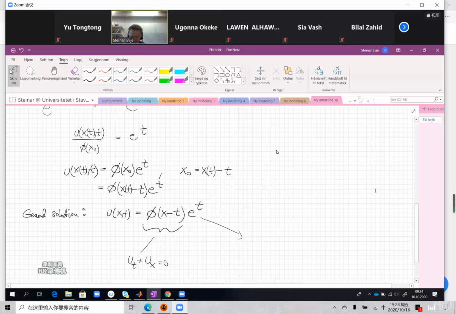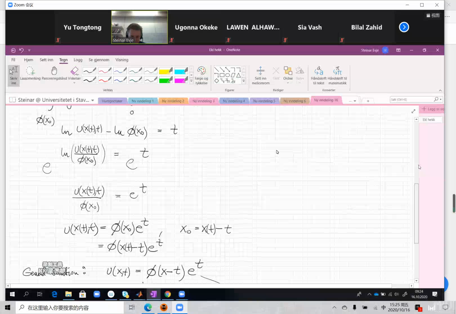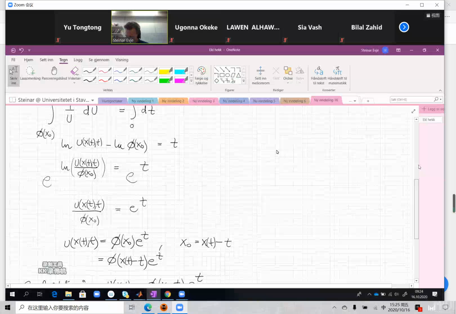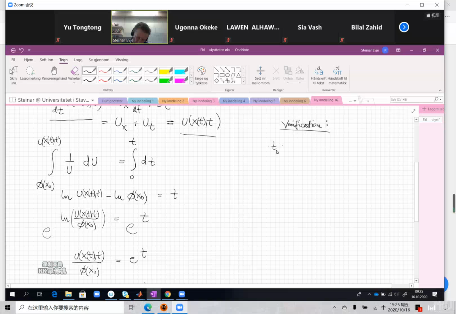Let's also do a verification of the solution. First, for t equal to 0, we quickly find that that will give us φ(x).